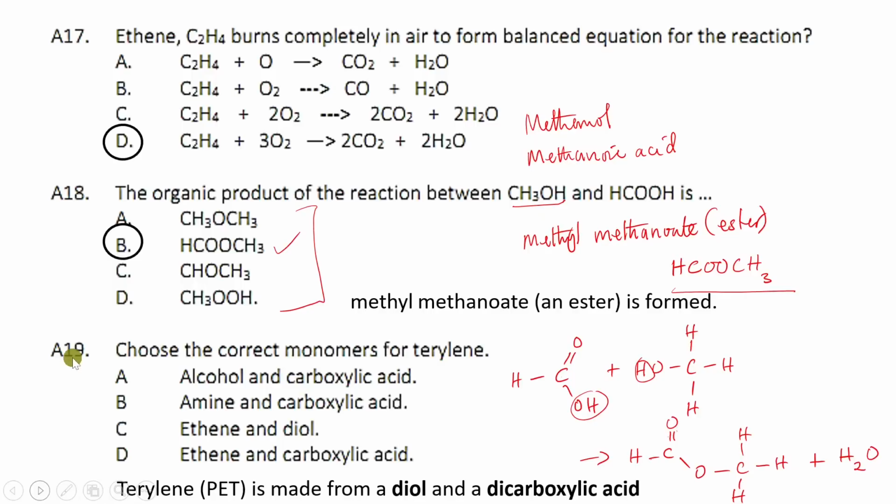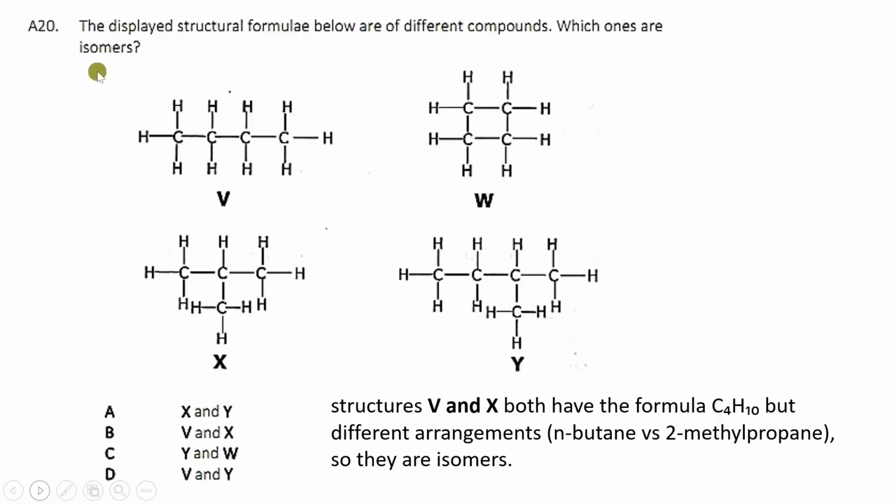Then 19, the same. Choose the correct monomers of PET. Remember, PET is made from diols and dicarboxylic acid, meaning alcohols and dicarboxylic acid. So these are the monomers. So the answer is A. We move to 20.